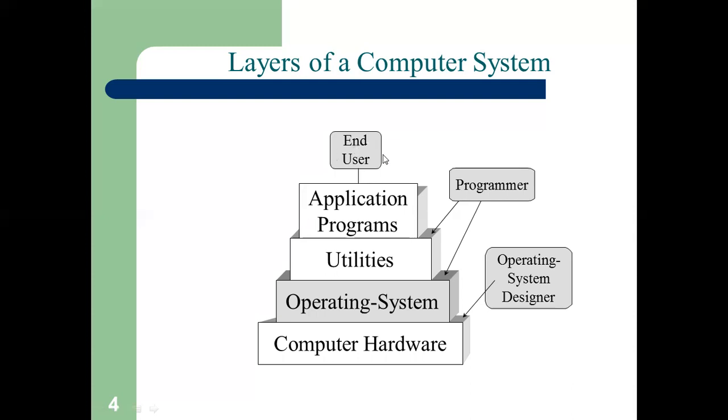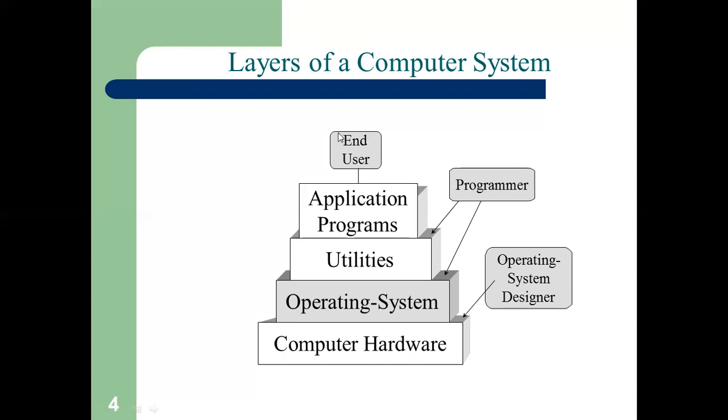Now at the end we have the end user. This is the main user. After testing all such programs, above all layers, this is the end user. Ultimately we are the users. You and me are the users, and among me and you, we are also the programmers and also the operating system designer.